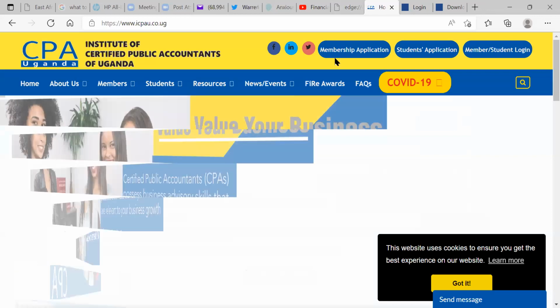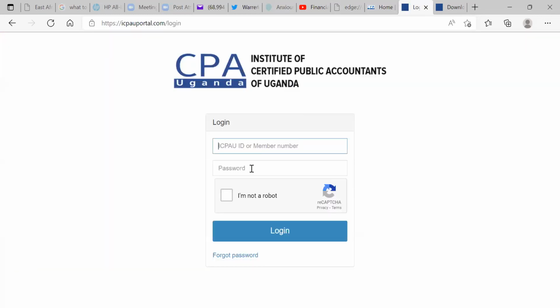So I'm going to stop sharing so I can put my password. You should have this account once you're able to pay, and I think they create an account for you.